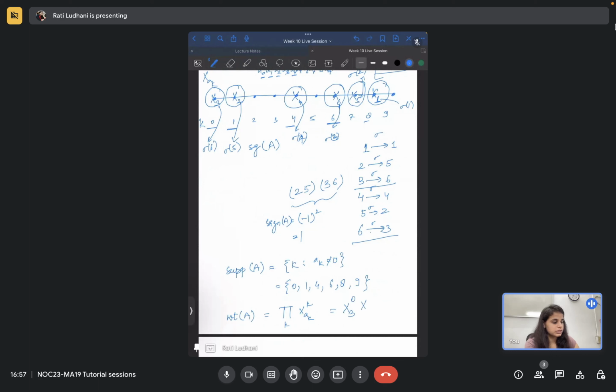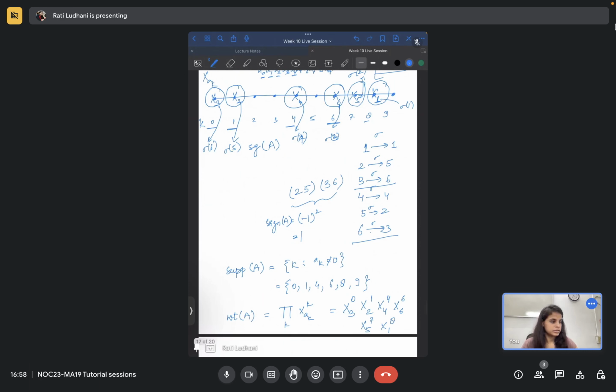So x3 raised to power 0, x2 raised to power 1, x4 raised to power 4, x6 raised to power 6, x7 raised to 7, x5 raised to 8, and x1 raised to 9.